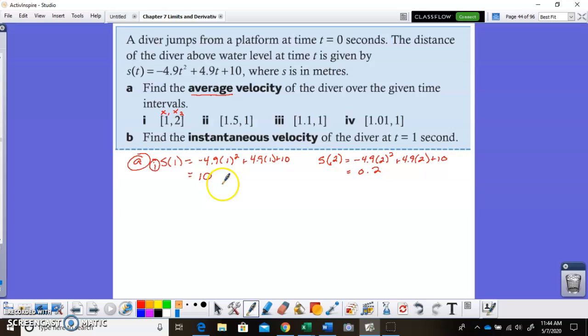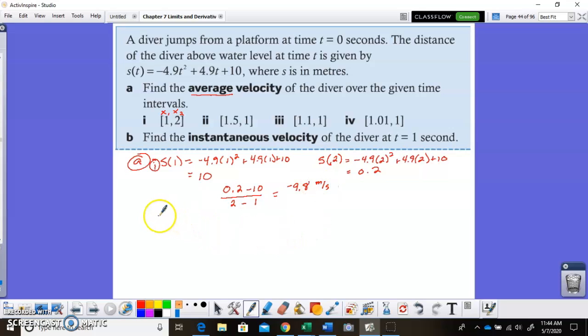For letter I, my slope or my average velocity is going to be 0.2 minus 10, that's my second y, minus my first y, and then my second x, 2, minus my first x, which is 1, and I'm going to do that calculation, which is negative 9.8. So that's going to be meters per second.